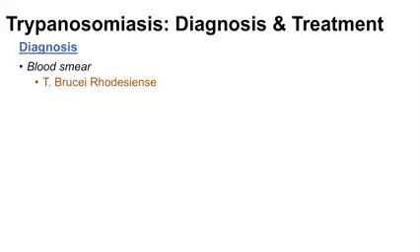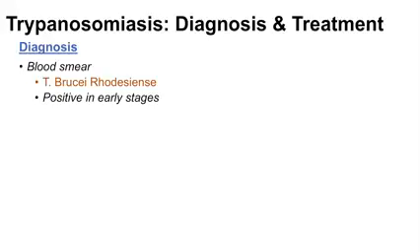pericarditis. So how do we actually diagnose African trypanosomiasis? And once we diagnose, how do we actually treat it? Well, diagnosis of African trypanosomiasis can be accomplished by a blood smear to see if we actually can see the Trypanosoma protozoa. And a blood smear for diagnosing African trypanosomiasis is more important with Trypanosoma brucei rhodesiense because we can actually see them in the bloodstream, in the blood.